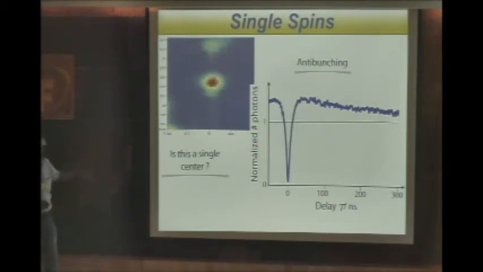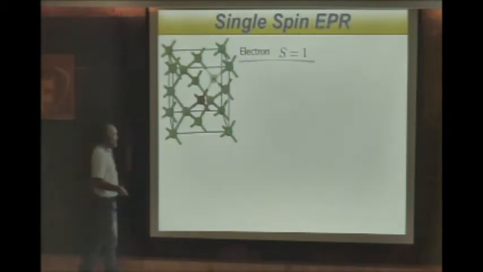If it's a single center, that probability goes to 0. Why? Well, if a single center emits a photon, it's obviously in the ground state at that moment, and it cannot emit a second photon. It takes some time until it has absorbed another photon that it can emit, and that time is on the order of a few tens of nanoseconds. So if you see such a curve, you know it's a single center.